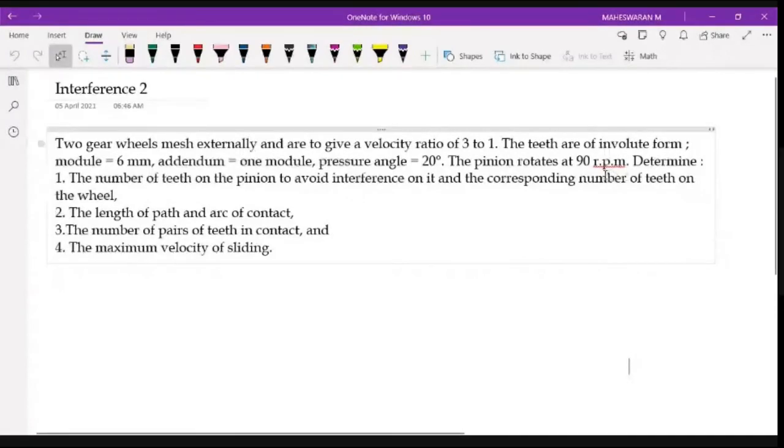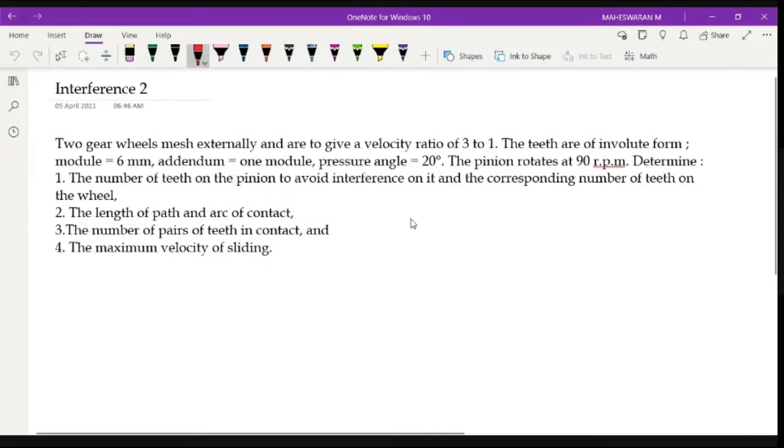They are asking: determine the number of teeth on pinion to avoid interference, the number of teeth for wheel, length of path of contact, length of arc of contact, number of pairs of teeth in contact, and maximum sliding velocity. They are asking all these data. So we will solve one by one.